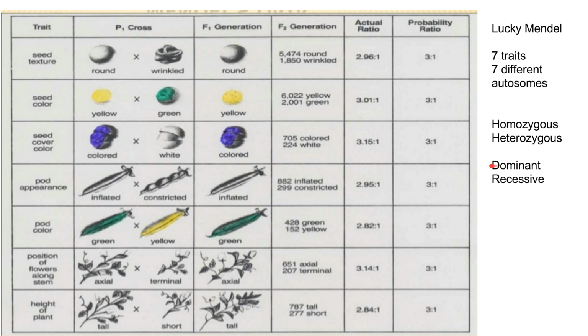So if we're going to define dominant, it's going to be what allele is going to show up in the phenotype of the F1 heterozygous generation. And the recessive allele would not show up, and it's only able to be seen if it is in a purebred form.